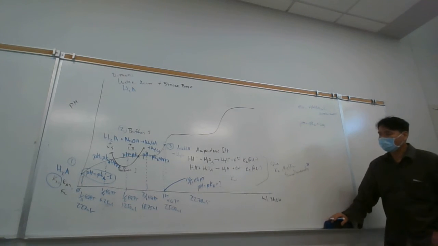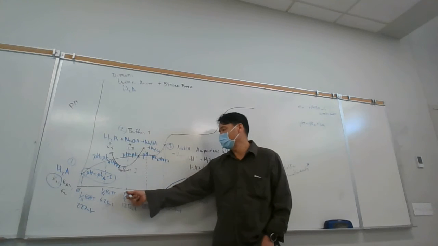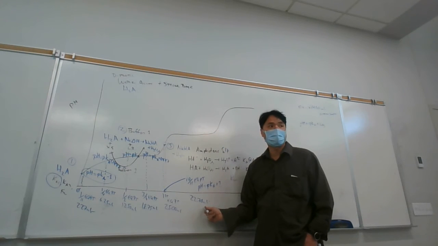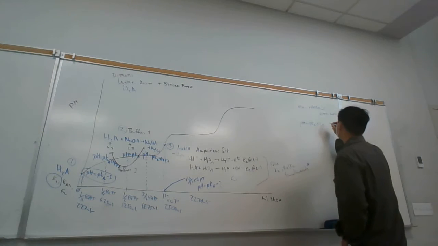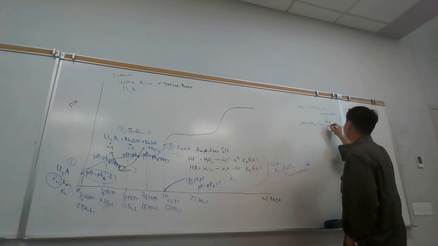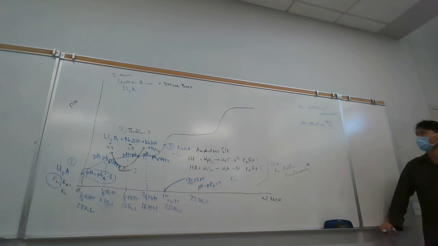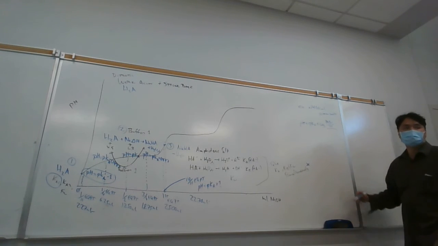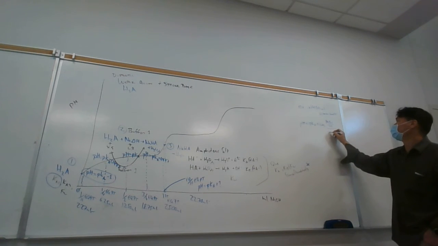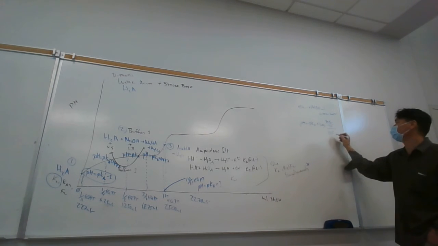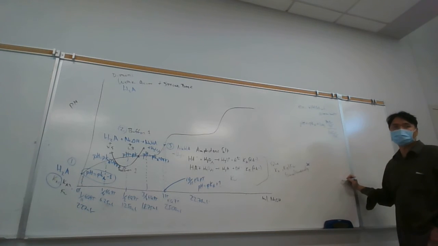All right, so how much have I neutralized? I've neutralized 14.5 out of 25 parts. That means how much is left unreacted? 10.5 out of 25 is left unreacted.